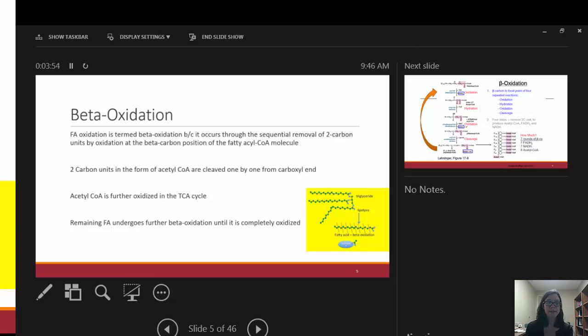Okay, and then this should kind of ring a bell. Acetyl-CoA is our common substrate for entering the TCA cycle. So once we break off this 2 carbon unit, it can then go into the TCA cycle to produce energy. And the remaining fatty acid continues to undergo beta oxidation, where these 2 carbon units are lysed off until the fatty acid is completely oxidized.